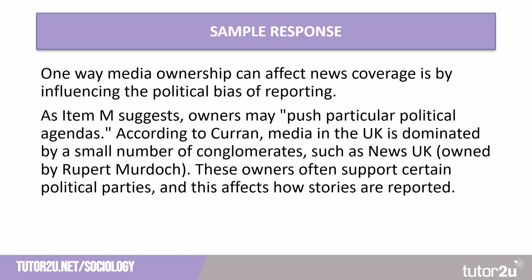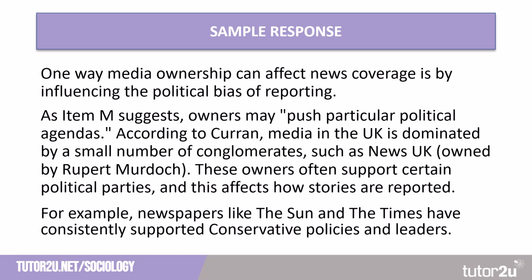So we've explained how news coverage may have a political bias and how it may reflect the political views of owners, but we need to develop this a bit further, perhaps by using an example. For example, newspapers like The Sun and The Times have consistently supported conservative policies and leaders. We can develop this further.